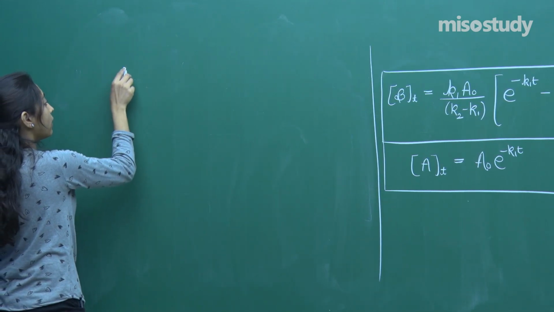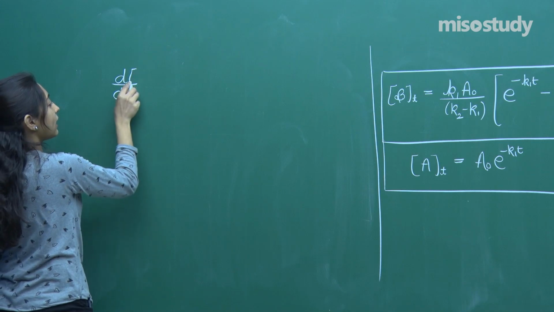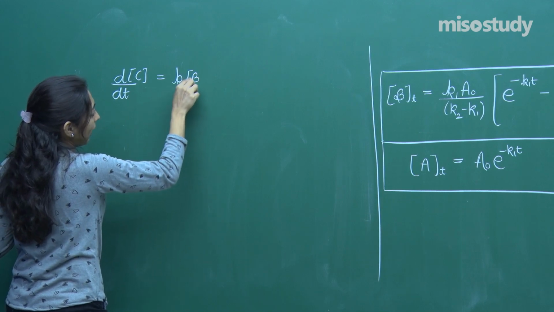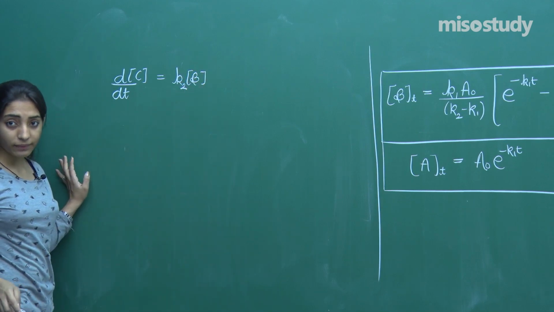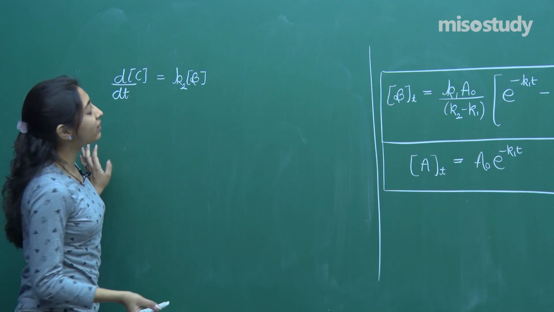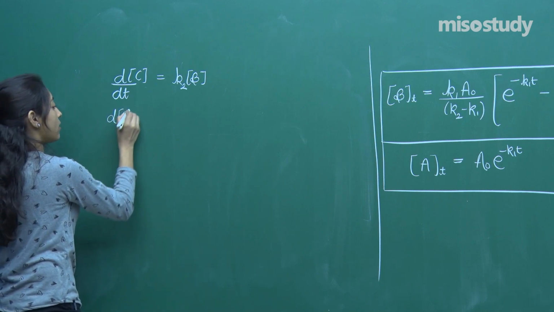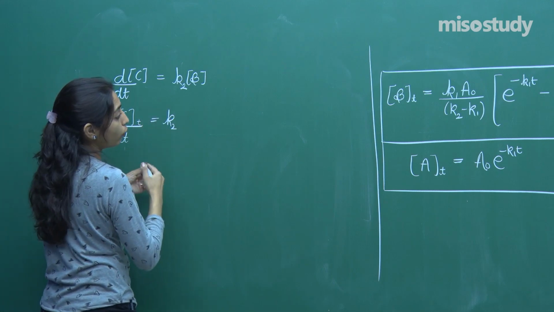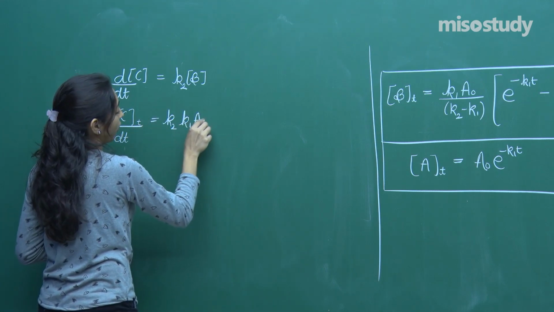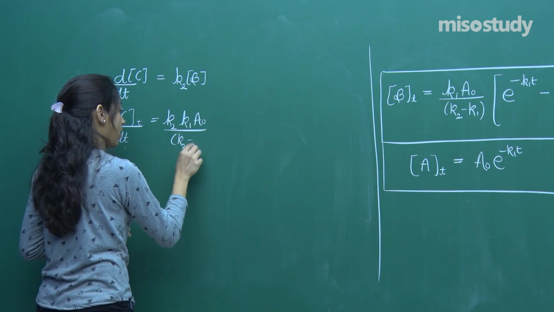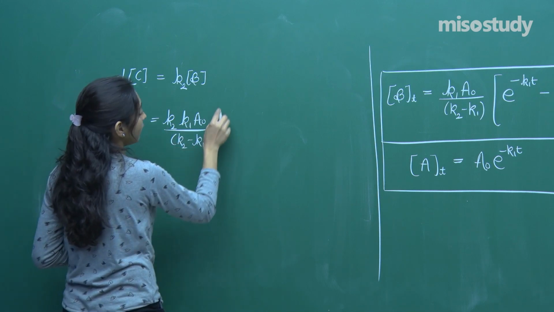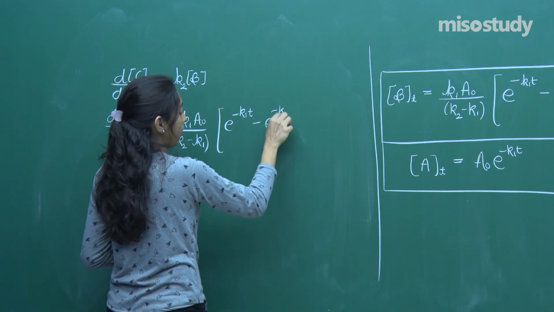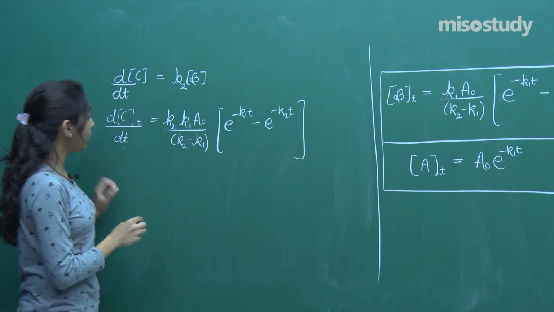If you remember, I had written dC by dt is k2 multiplied by concentration of B. So method number one is you first write dC by dt is equal to k2, then you write k1 a naught by k2 minus k1 e raised to the power minus k1t minus e raised to the power minus k2t, right?